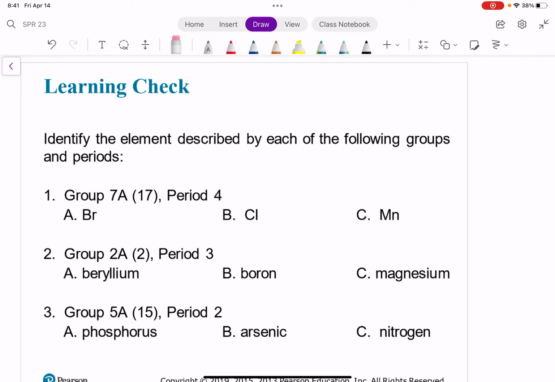You can use it almost like our Excel spreadsheet that we worked on the other day for lab, or like an XY plotting system where, if you know the group number, you can locate which group an element is in, and then which period it is in, and you get to the element that's there. So pause the video, try that out, see how you do.